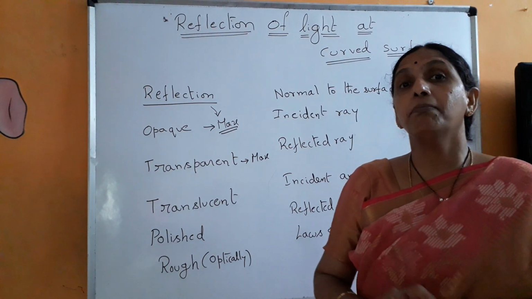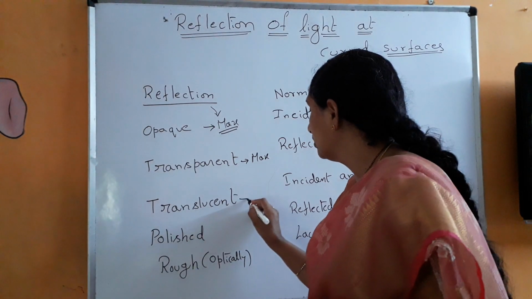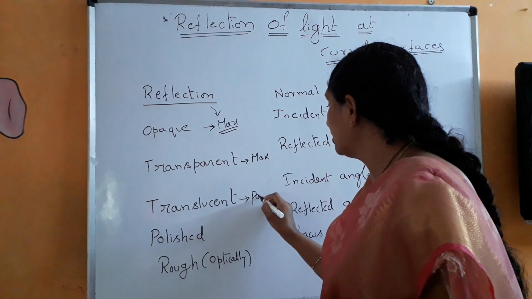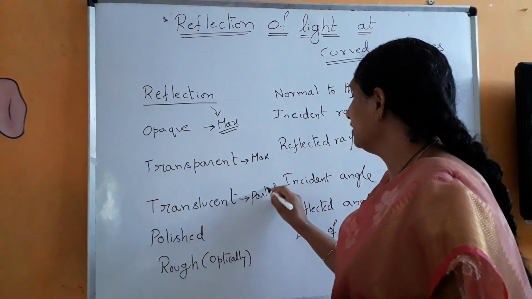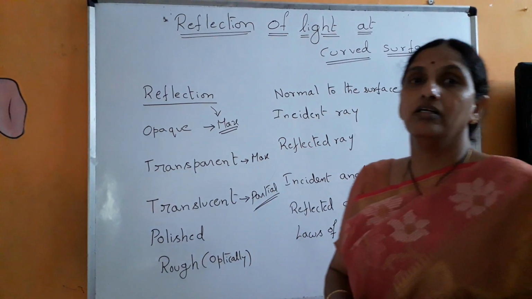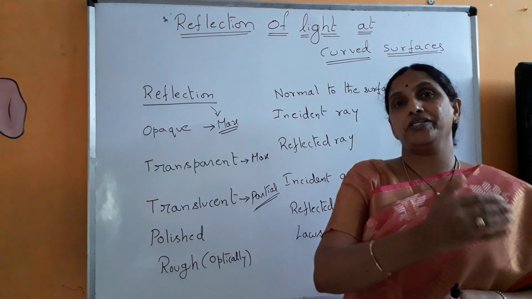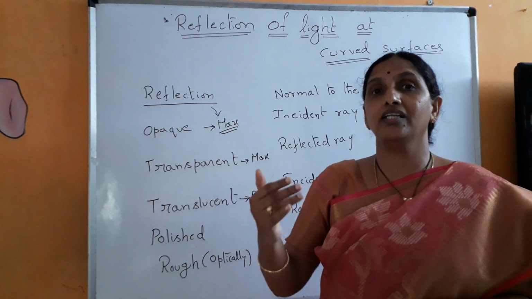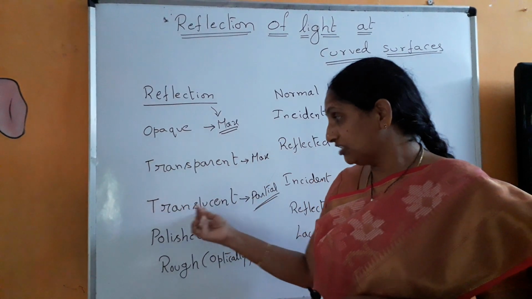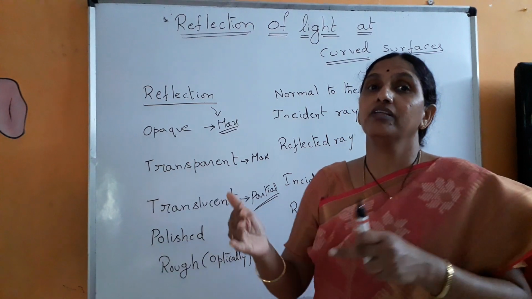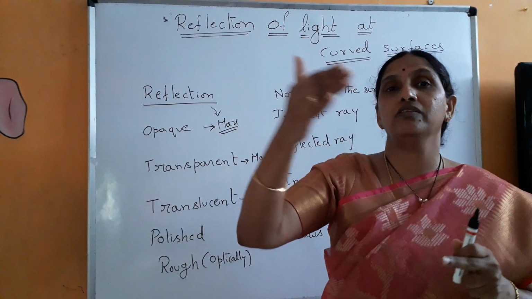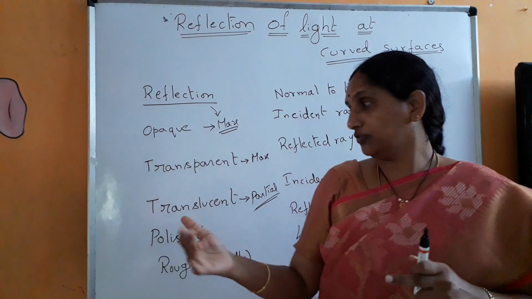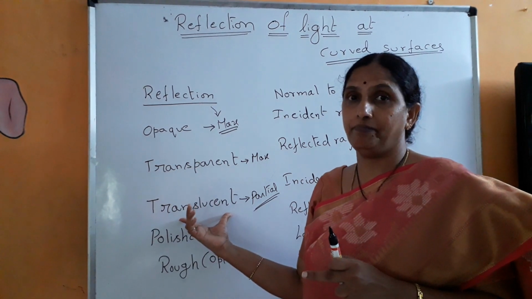We call it partially. So partial reflection as well as partial refraction takes place. That means when the light ray is made to pass through it, some of it will pass through it and some of it will get reflected back. So that is translucent.